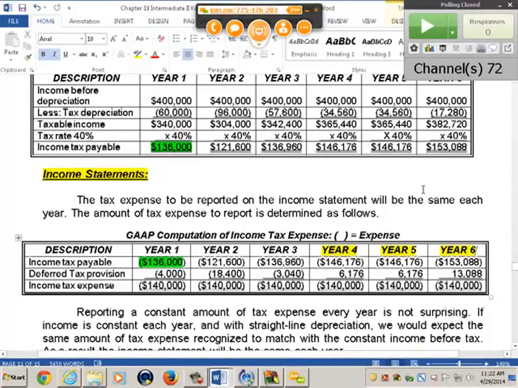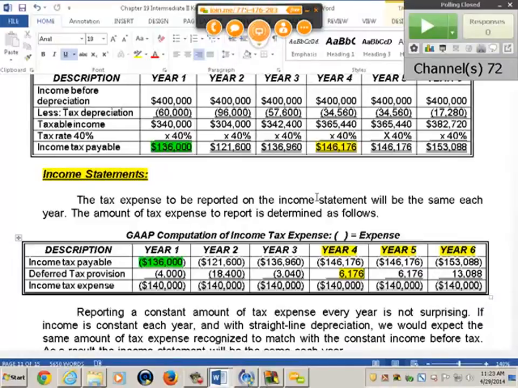If I take the tax payable of 146,176, and I add to that the deferred provision, I'm now pretty much subtracting, because the payable is a credit, which was part of the increase in the liability. Here, I'm reducing the deferred liability.